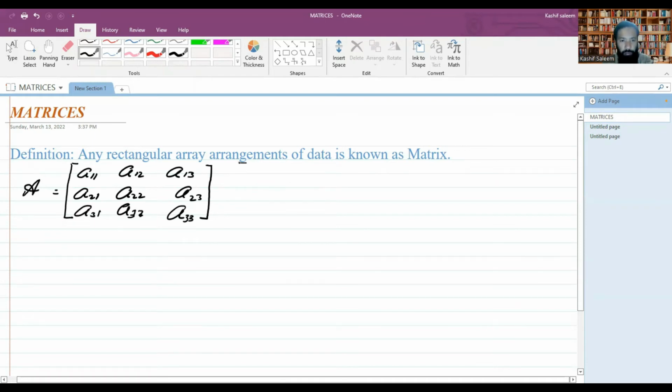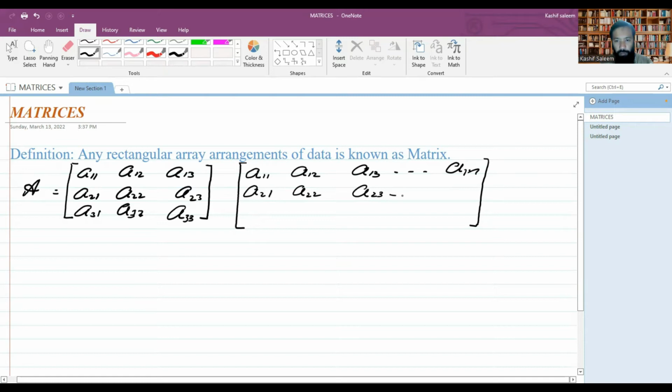Similarly, we can define a matrix A11, A12, A13, up to so on. And if there are n columns, so this is A1n. Now A21, second row first column, second row second column, second row third column, and this is the nth column, A2n.